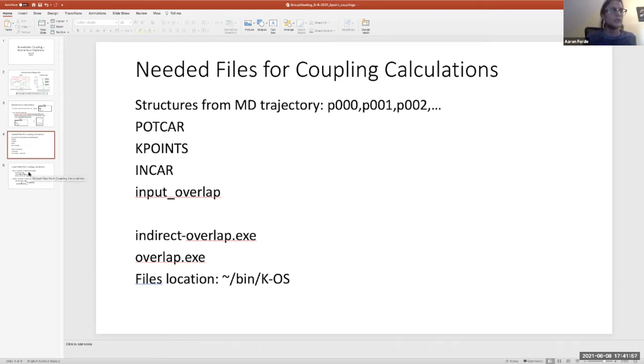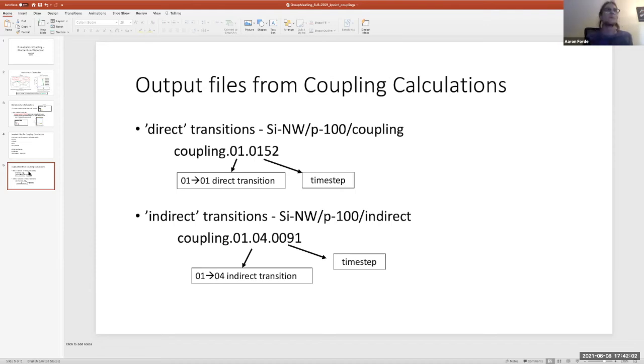So once you get the jobs running healthily, there are two sets of couplings that you'll get. You'll get the direct transitions, which are labeled as 1.number. So 1.01 refers to a direct transition from 1 to 1, so there's no change in momentum.